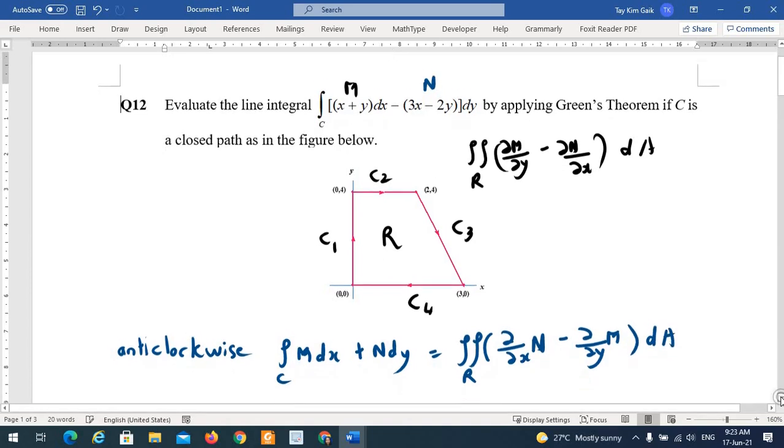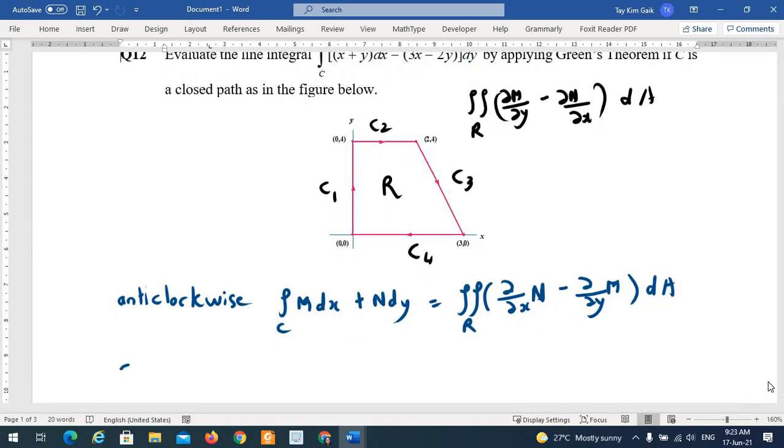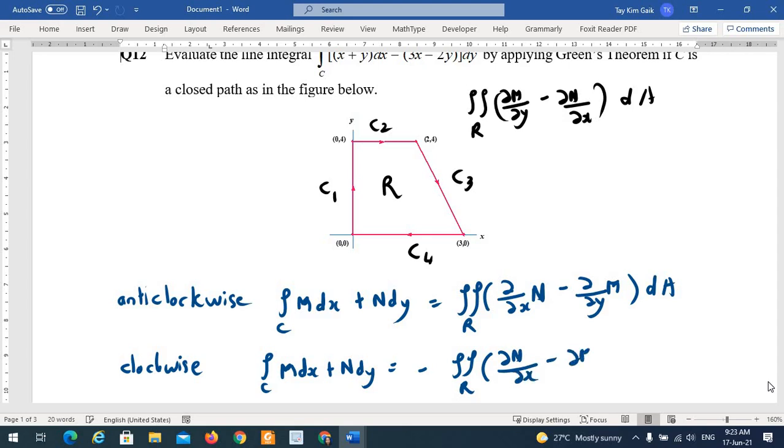Okay, this is anti-clockwise. If we have clockwise, it will be negative of the anti-clockwise answer. It becomes negative of del N del x minus del M del y dA.